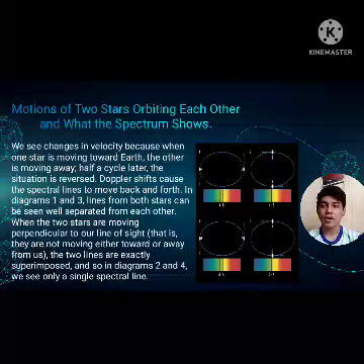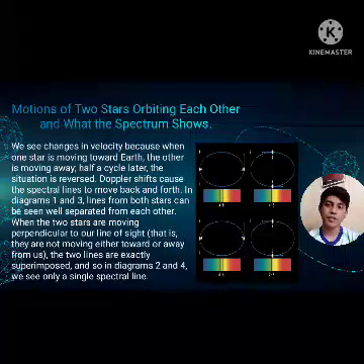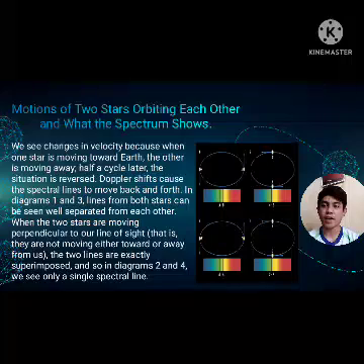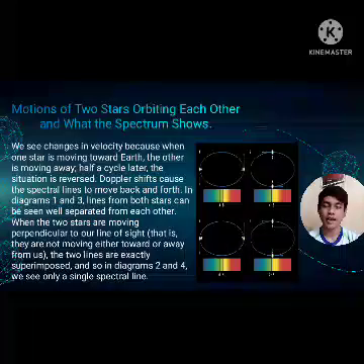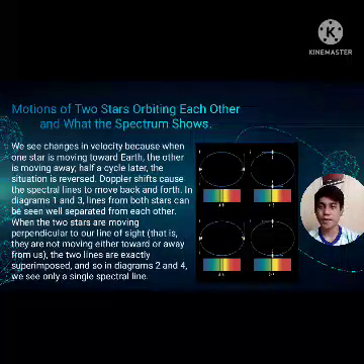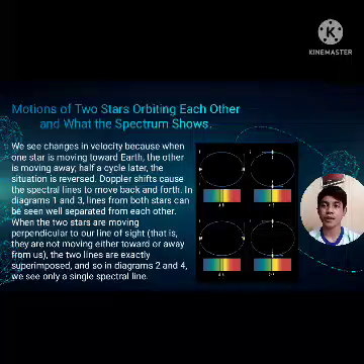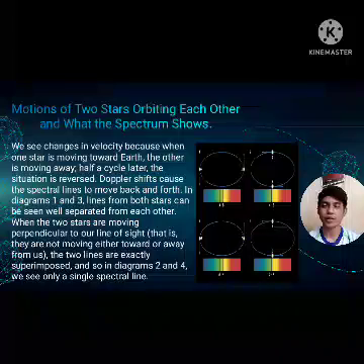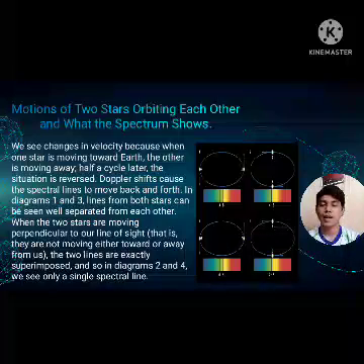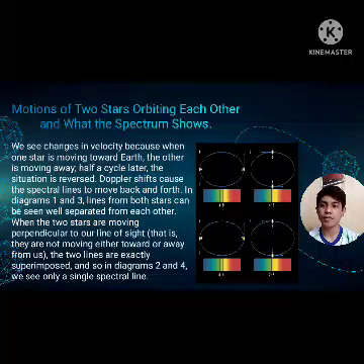So if the orbit were exactly in the plane of the page or screen, the stars would appear to move back and forth in a straight line, and we would see the largest possible radial velocity variations. If the orbit were perpendicular to the plane of the page or screen, the stars would appear to move back and forth in a straight line, and we would see the largest possible radial velocity variations.